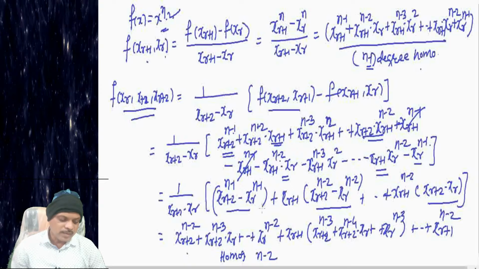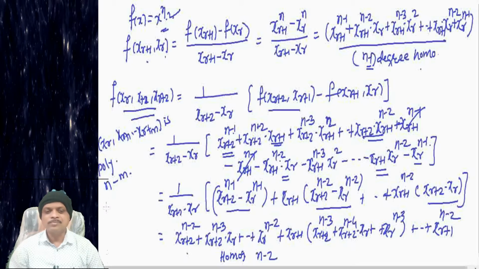Similarly, if we continue in this manner and calculate the mth divided differences for x_r, x_{r+1} up to x_{r+m}, this will be a polynomial of degree n minus m.